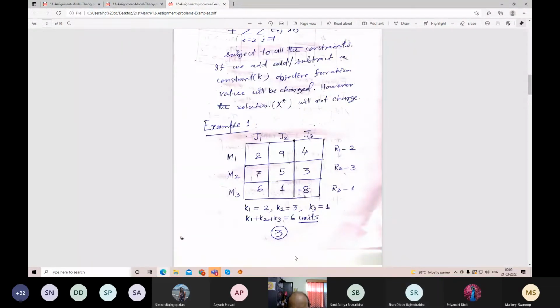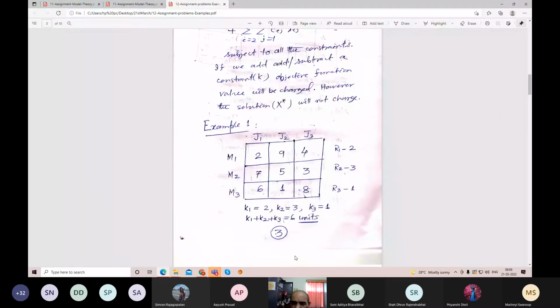Now what I told: if you subtract a constant from a row or a column of an assignment matrix, the solution is not changing. The cost is only changing. The solution remains as it is.